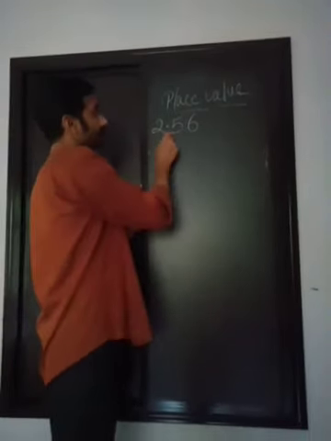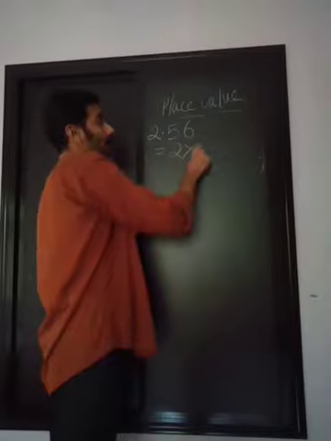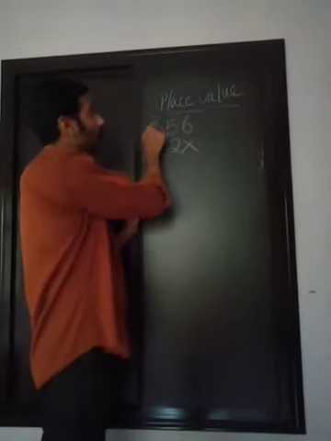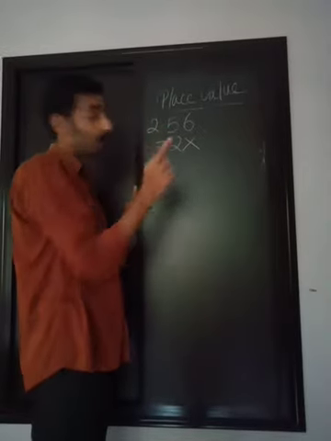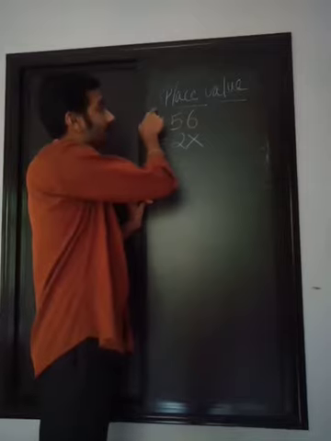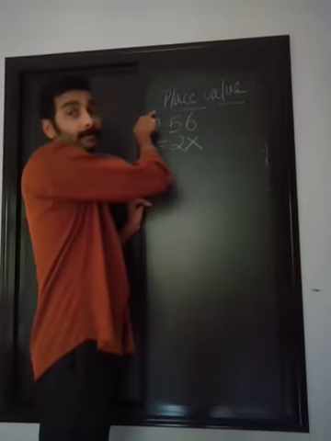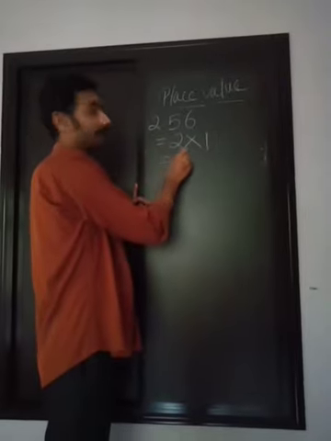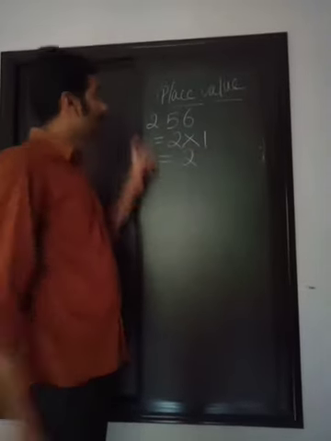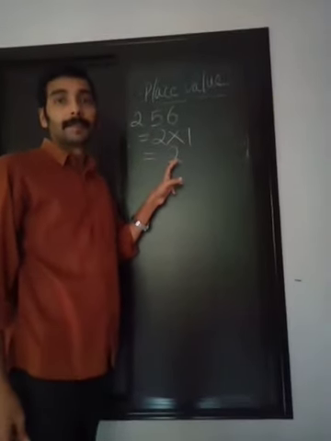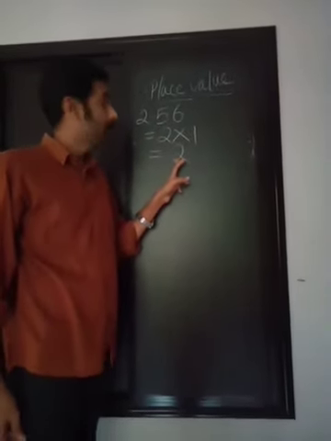That means 2 into the place value. 2 is in the ones place, that means 2 into 1. That is 2. The place value of 2 is 2.